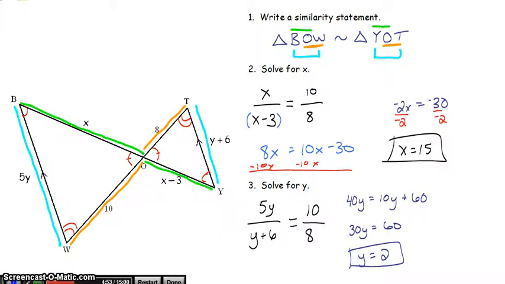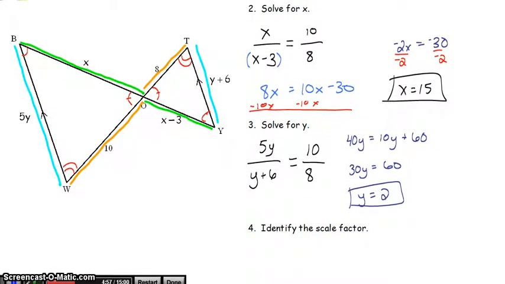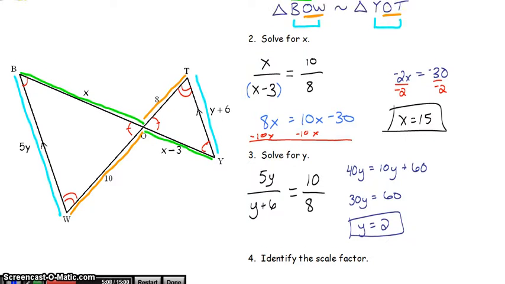The last step in these problems will often be to identify a scale factor. Remember, when we're identifying scale factor, it's important that we write it as a fraction, simplified. I named my triangles with the triangle on the left first, triangle on the right second. However you named your triangles is going to indicate the order you write your scale factor.